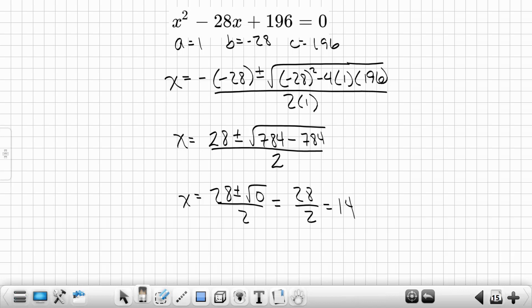There's one solution. The other one had a plus or minus, so it had 2 solutions. This one has 1 solution. That leads us to the next page. This could be real or imaginary, depending, if there's a negative under the square root, which is the next page.